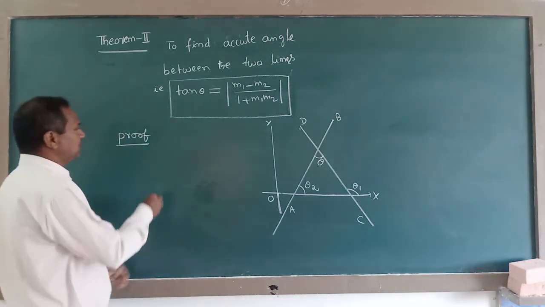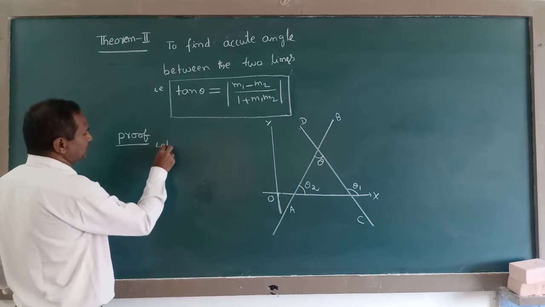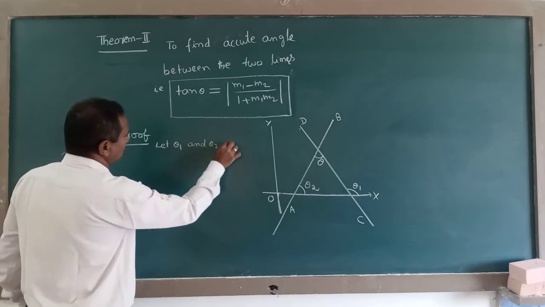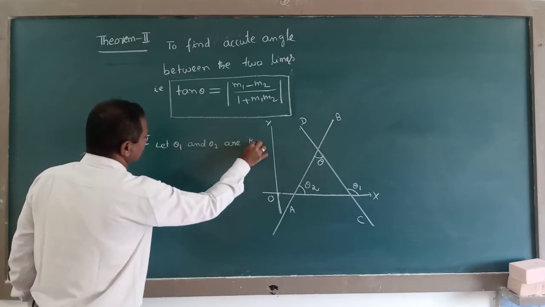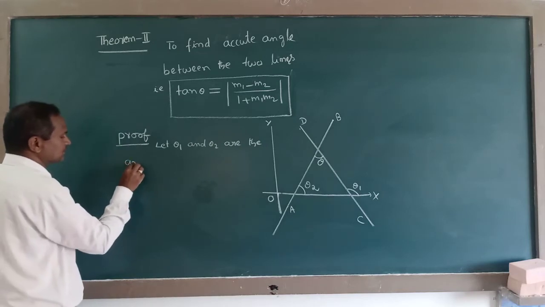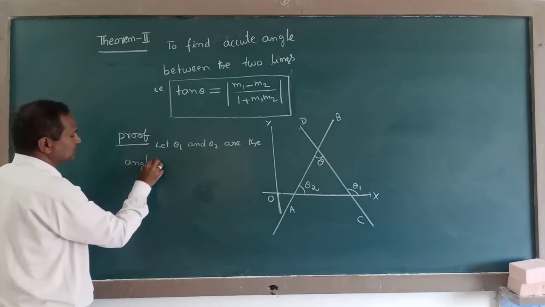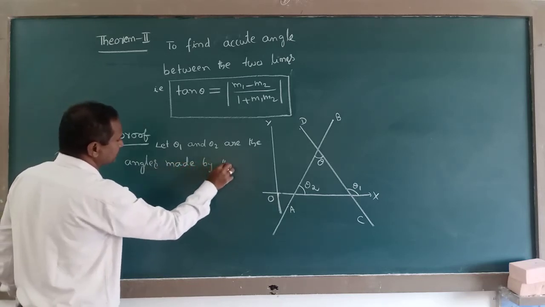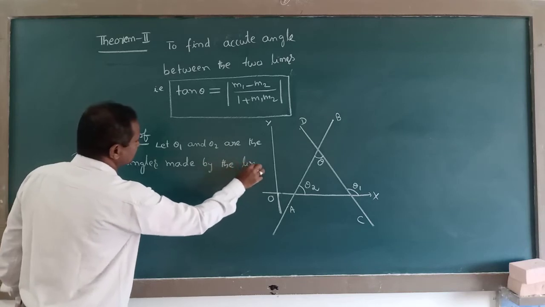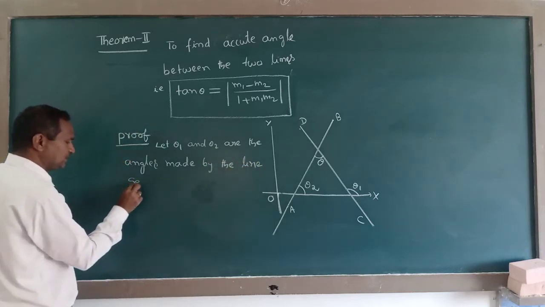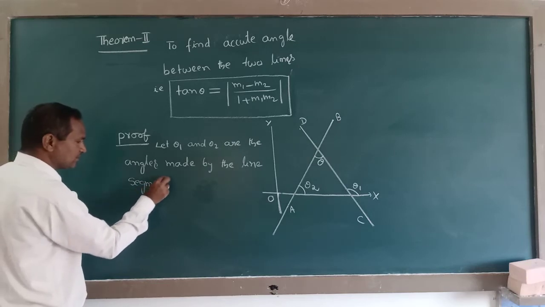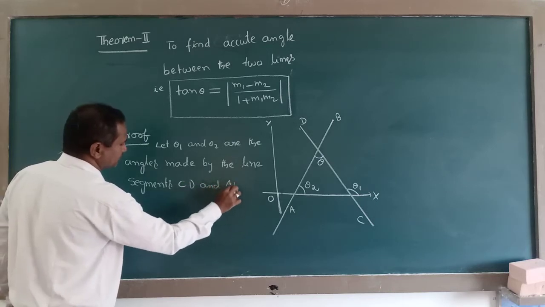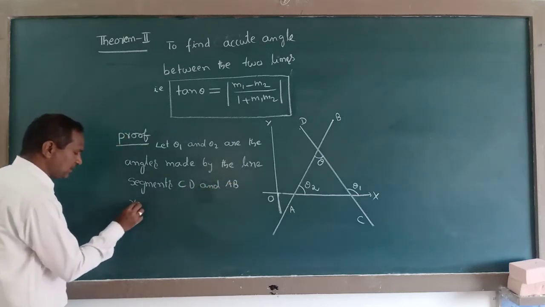Let theta 1 and theta 2 be the angles made by the line segments CD and AB respectively.